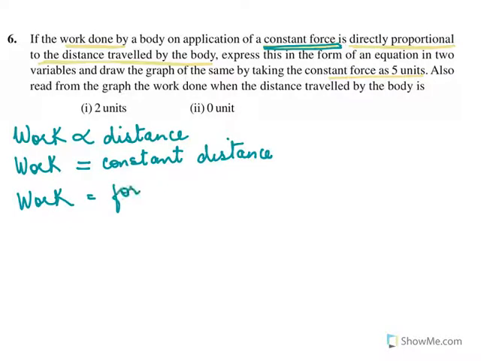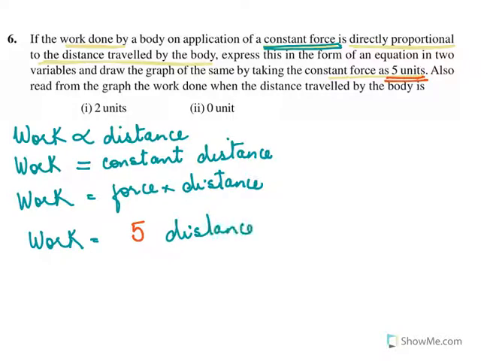They said it is a force, so force into distance, and they've given the force as 5 units here. So we have work equal to 5, the force is given as 5, and distance.